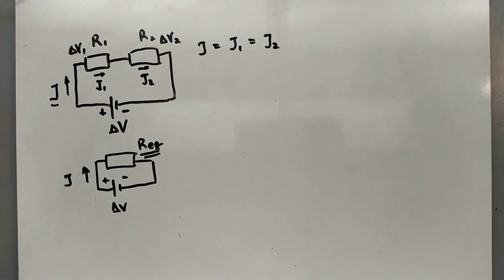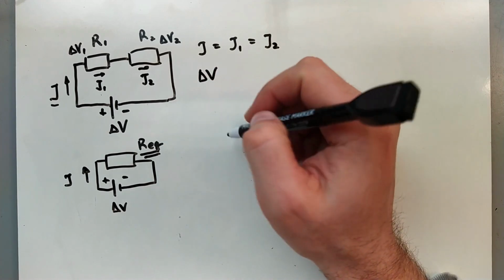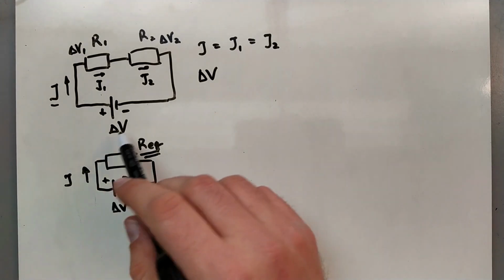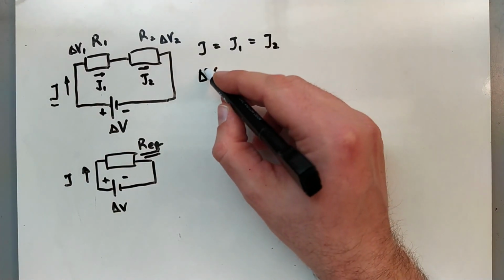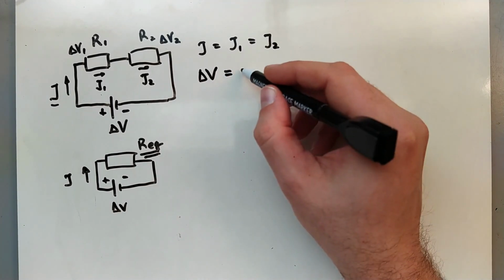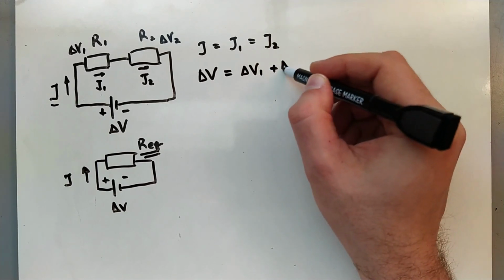So we have some voltage drop over these resistors, and in this case, when we have connection of resistors in series, we can write that total voltage applied to the circuit, which is delta V, potential difference at the terminals of the power supply, will be equal to the sum of delta V1 plus delta V2.